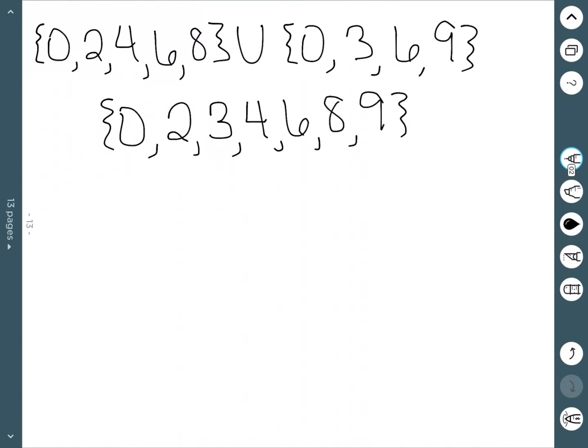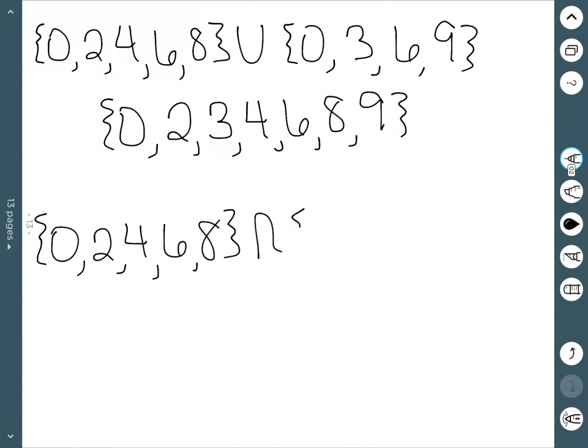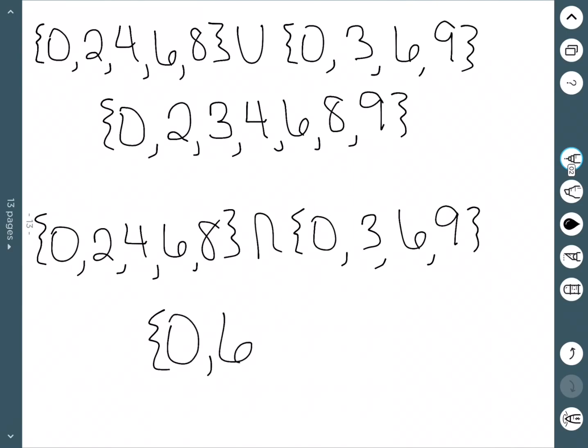And every element in either one of these sets is now in my new set. If I do the opposite and try to do an intersection of these two sets, I only care about the numbers that are in both. We can see that 0 is in both of these as well as 6, and those are the only elements in both sets.